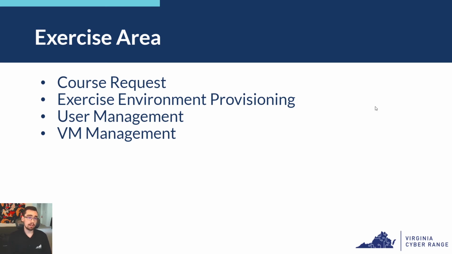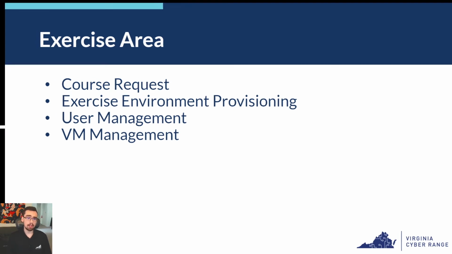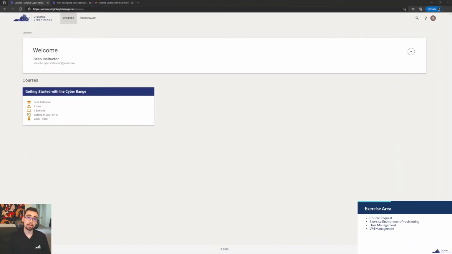And in the exercise area, we're going to cover a few really important features. We're going to show you how to request a course, how to provision an exercise environment, how to manage your users, and how to manage your virtual machines. So let's jump back into the exercise area and show you how to do all of those things.